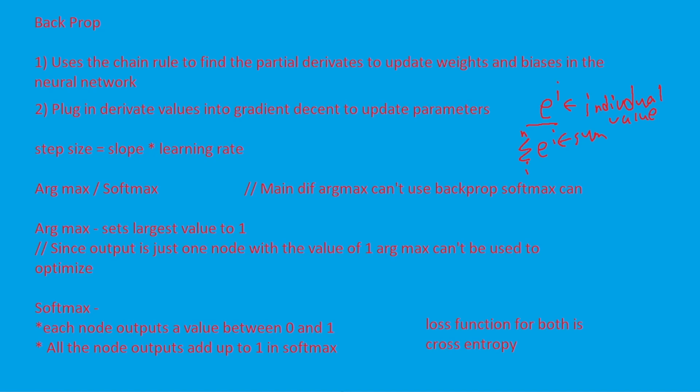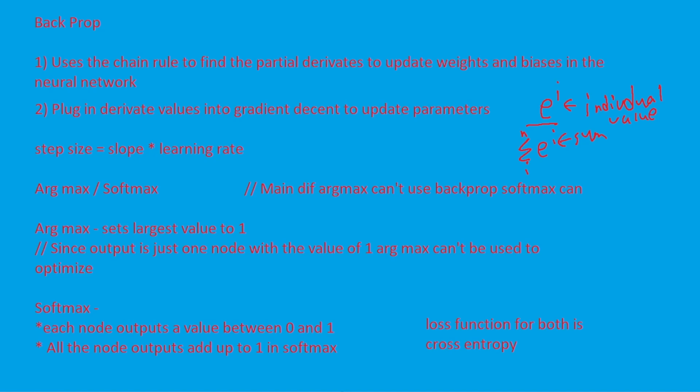Since the output only has 1 as a value, the values of the other nodes before being converted to argmax can't really be seen. It's kind of like rounding. Since it's after it got rounded, it can't really be used to optimize. Like, how do you know the steps of their work if all you see is the answer?